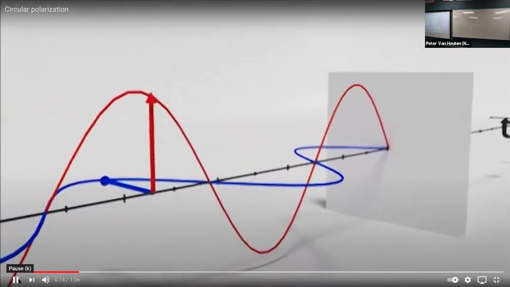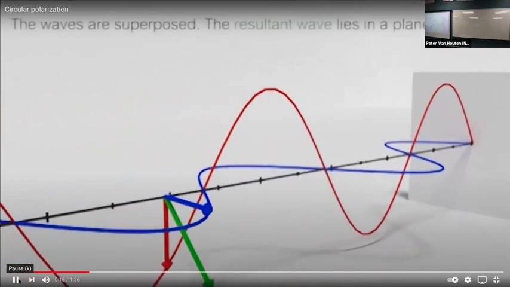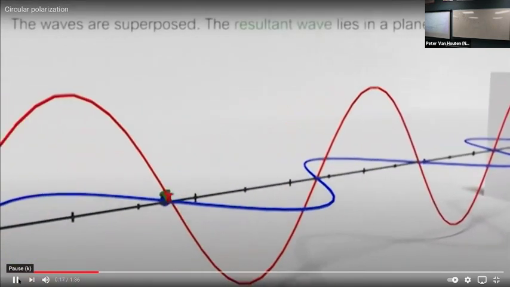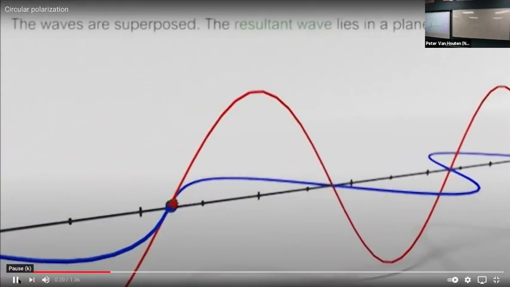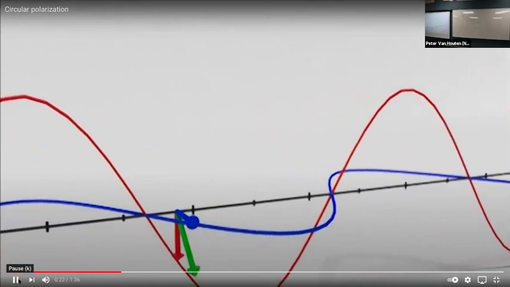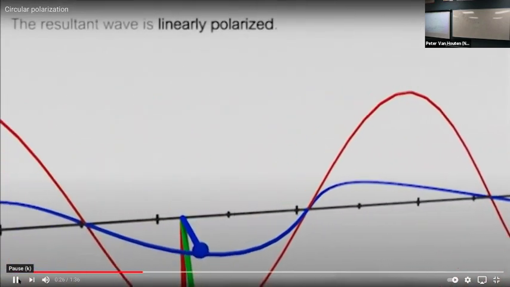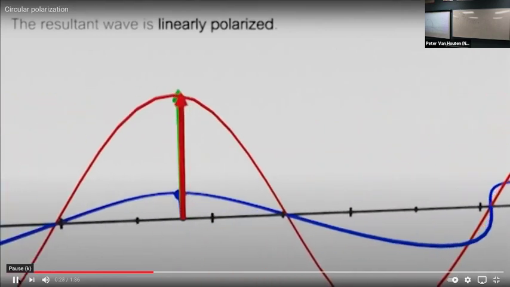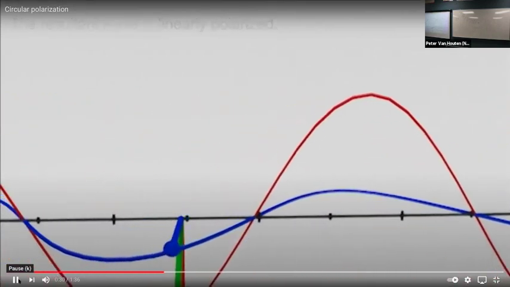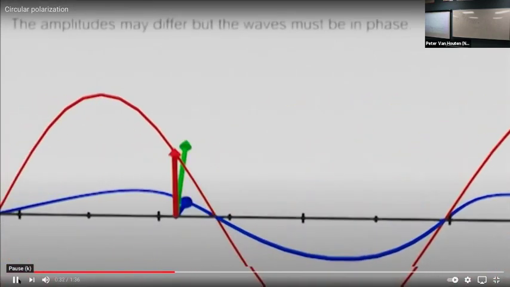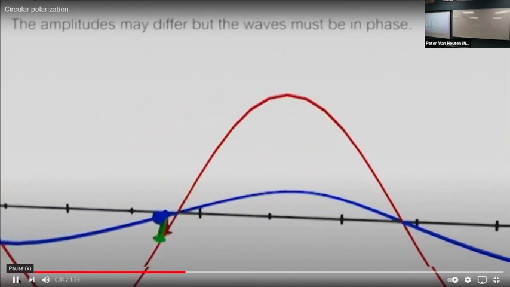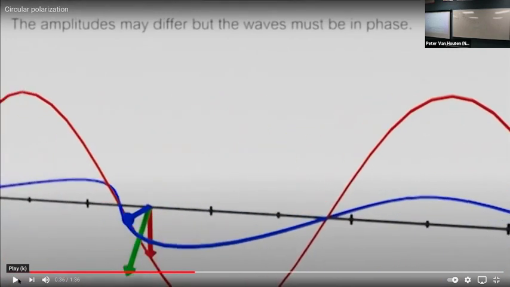Basically, the vectors are changing sign and moving across the zero axis, or the axis of propagation. Pause it there for a moment.